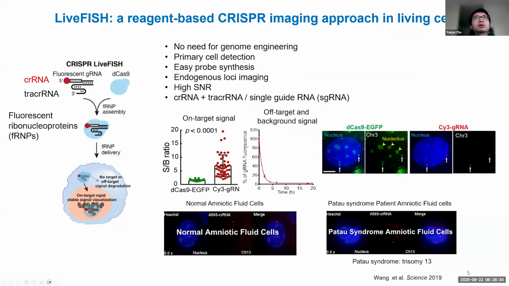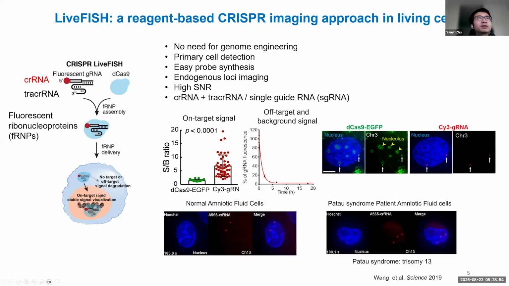So what is CRISPR-LiveFISH? We have three components: dye-labeled CRISPR RNA, a tracer RNA, and a dCas9 protein. All these three components can be purchased and prepared in vitro.